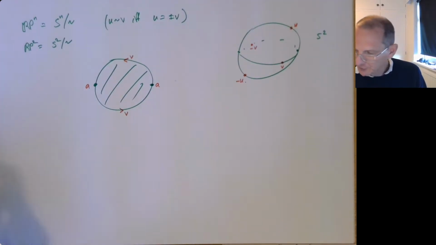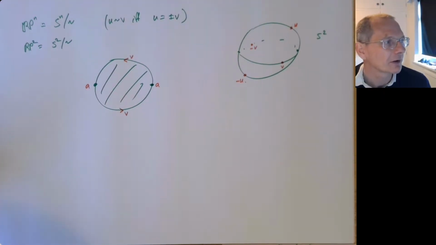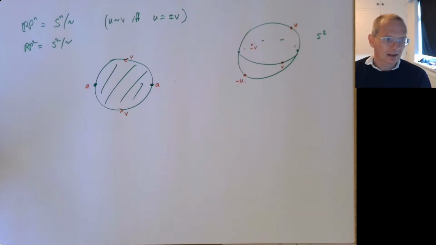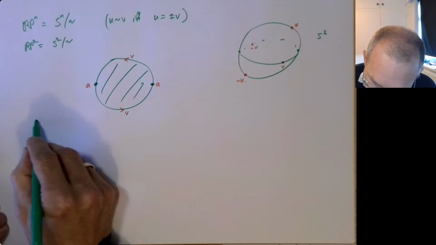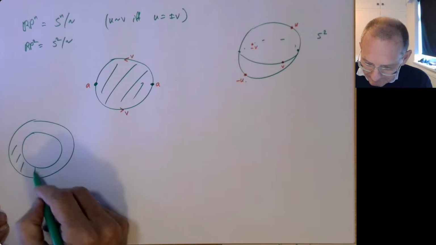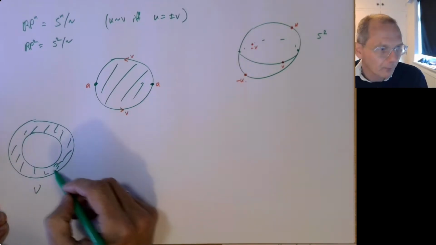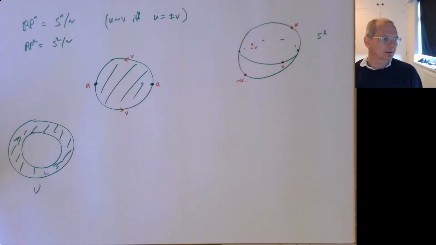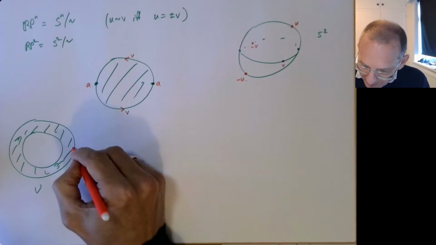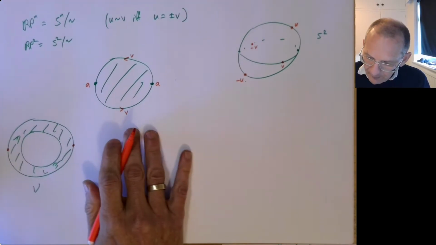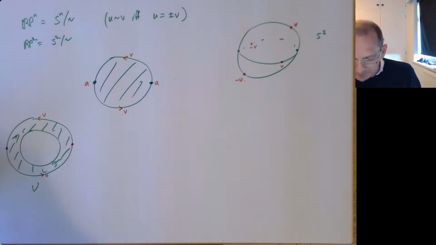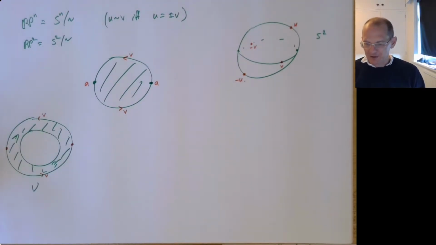As before, we want to calculate the homology of RP2. We're going to divide it into the union of two open sets. Our U is going to be this bit here, where we've cut a hole in the middle but still left a band around it. Let's put the markings back in: we've got our edge v, two copies of the same edge appearing in this picture.